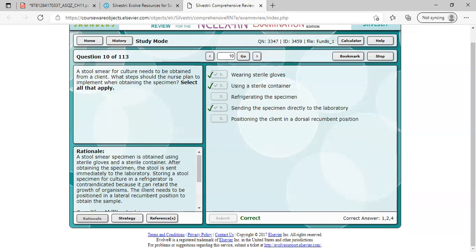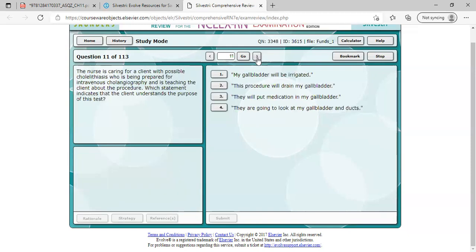And also, it can retard the growth of organism. The client needs to be positioned in a lateral recumbent position to obtain the specimen, not a dorsal position. What next?